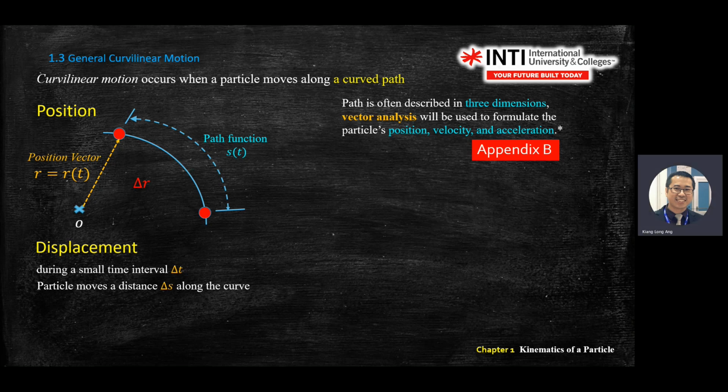In this case, we use delta r. I show you the position, from r origin to r prime. In curvilinear motion, always define the center of the curve. From where to where? First location r, second location r prime.